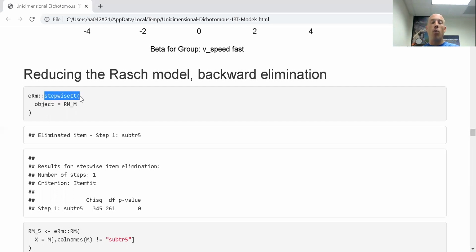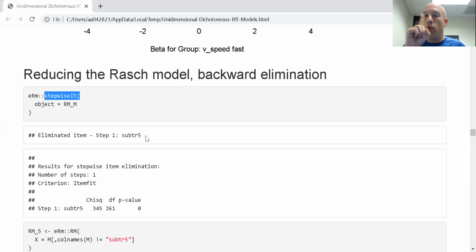This algorithm will go through and find the difficulty parameter that would be best to remove, and then check whether that is an improvement or not. If it's not an improvement, it's not going to take it out. This repeats over and over until it's satisfied with the model.